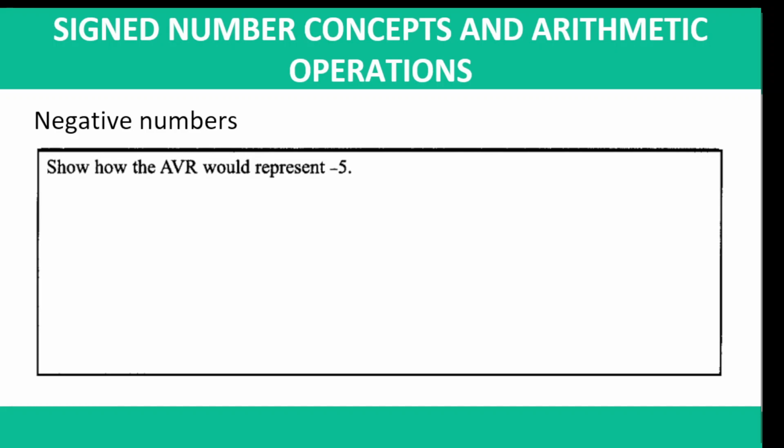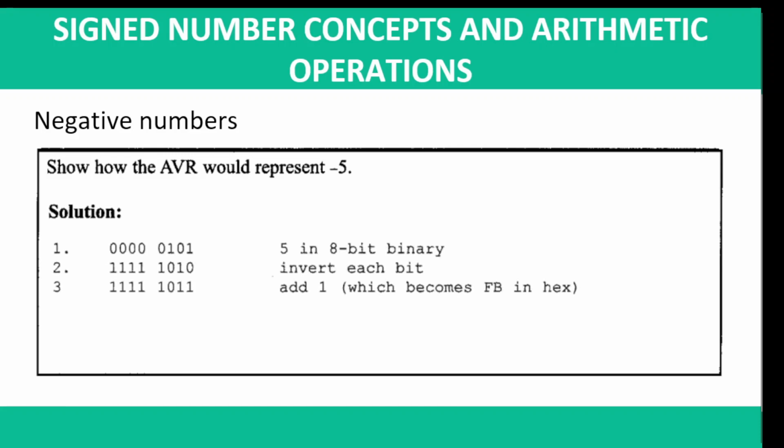So here we have an example. How can we show in AVR to represent negative 5? The solution is first, write the 8-bit binary of the magnitude 5. So we have 0 0 0 0 0 1 0 1. The first nibble is all 0.